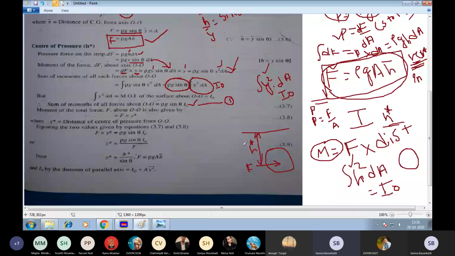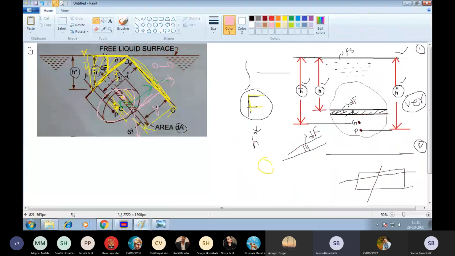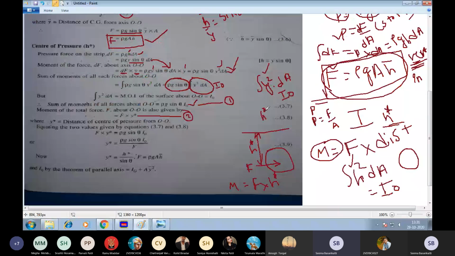If I ask you to calculate the moment, how do you calculate it? It is force into distance h star. Let us take this as equation 2. This was for vertical. For the inclined condition, we take it as y star, so F into y star. H star is not taken into consideration here because the surface is not vertical, it is inclined. So take this as equation 2.